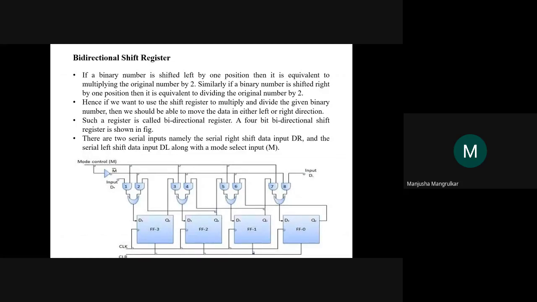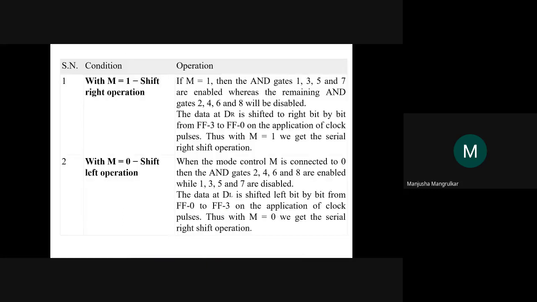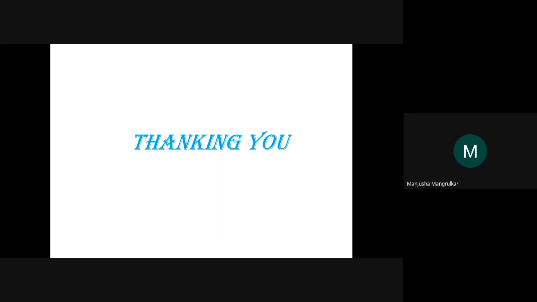Now again this is connected to F1, data comes, and again this Q3 is connected to this. So data is shifting left, right? This is the bidirectional register, right? So thus with M equal to 0, we get the serial left shift data, right?